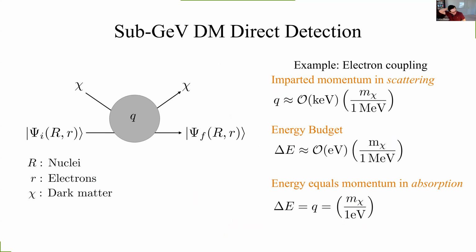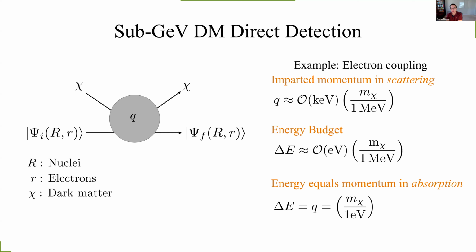Okay, so let me now give you the same order of magnitude estimates for the sub-GeV dark matter parameter space. From here on out, capital R are nuclei, little r are electrons, and it turns out separating these two things is going to be rather important because the dark matter is very efficient at exchanging energy and momentum with electrons when it's light, not so much with nuclei.